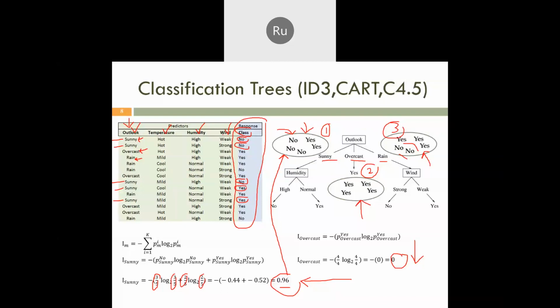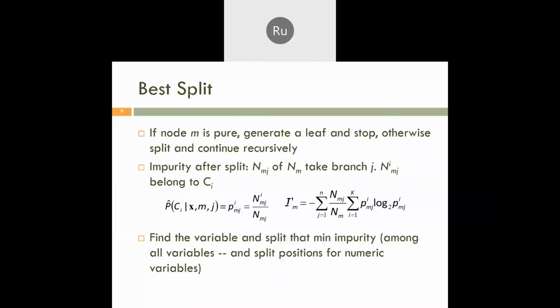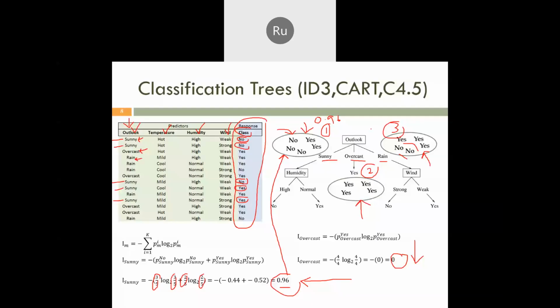Okay, since we have three partitions here, the value for this one is 0.96, and this is also 0.96, and this is 0.